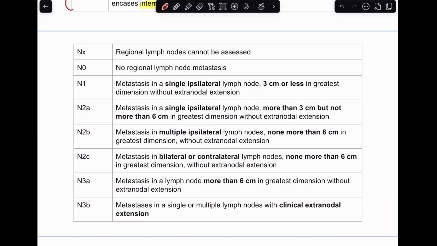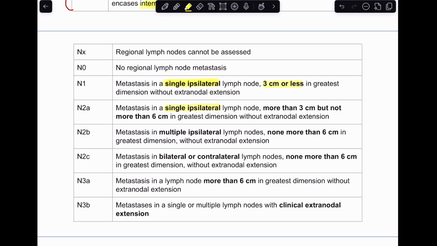N1 is when there is metastasis in a single ipsilateral lymph node 3 centimeter or less in greatest dimension without any extranodal extension. N2A is when metastasis is in a single ipsilateral lymph node more than 3 centimeter but not more than 6 centimeter in greatest dimension without any extranodal extension.